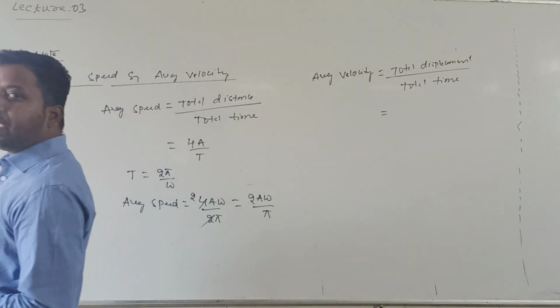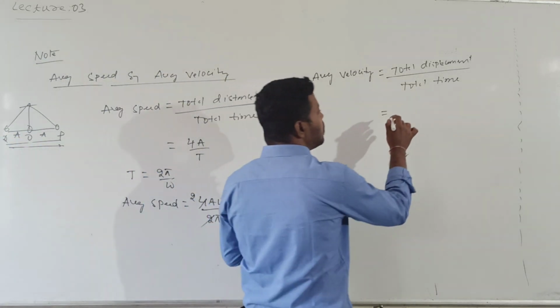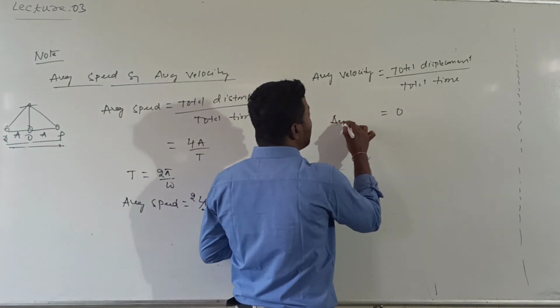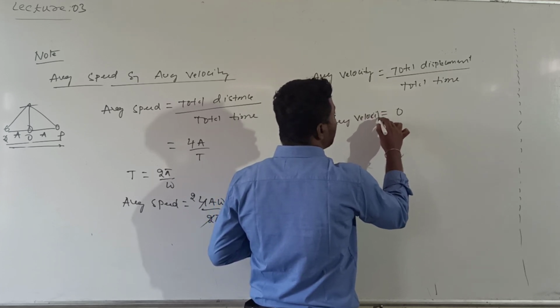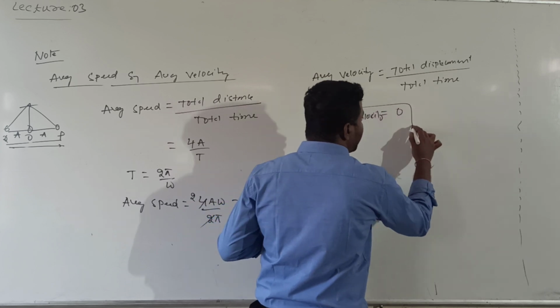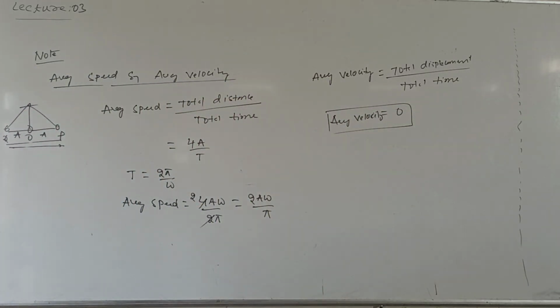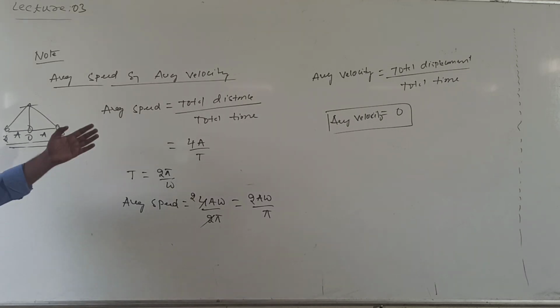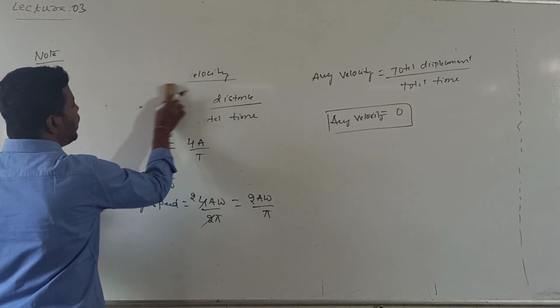The journey started from P and again reached P. So P to P, the total displacement is 0. That's why the average velocity for one complete oscillation for a particle executing SHM will be equal to 0. This is the value of average velocity. Average speed value is calculated and average velocity value is calculated. Understood?